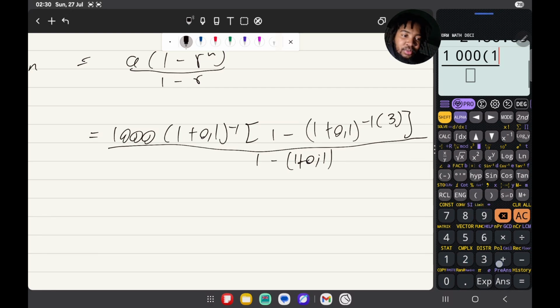1000 into (1 plus 0.1)... then into 1 minus (1 plus 0.1) to the negative 3, then close, and then this is just going to be 0.1.